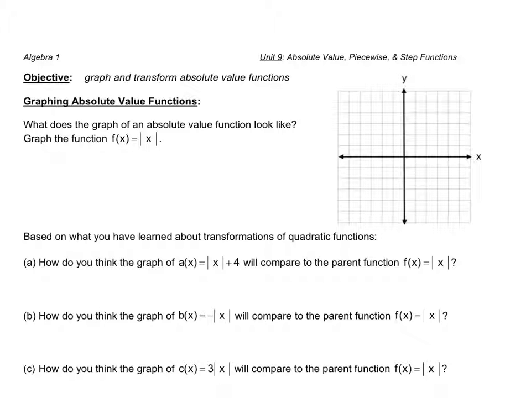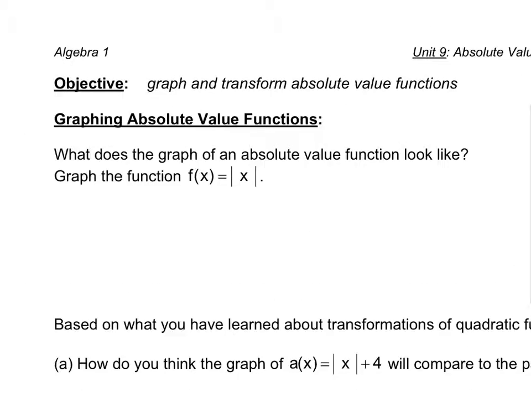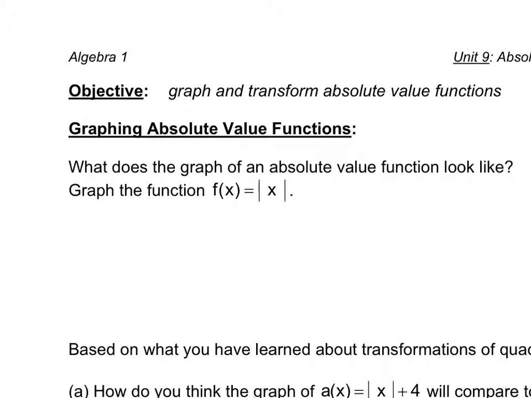All right. So what I'm going to do is graph y equals x, as if the absolute values were not there. All right. So we're going to start with that.